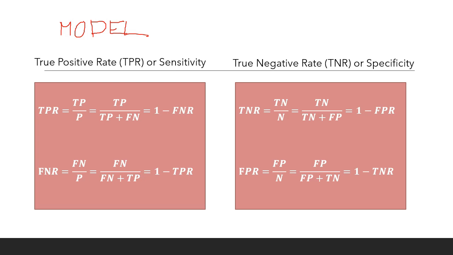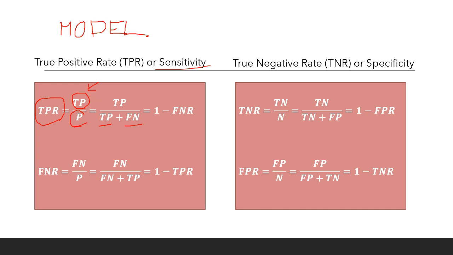So what you want to know is true positives versus positives, and that's called true positive rate or sensitivity, and it's the number of positives that you detect versus the total number of positives, which is the same as true positives plus false negatives, because the total number of positives in a population is the people that you say that they are positive and in fact they are positive, plus the people that you tell they are negative but in fact they are positive. So that ratio is the sensitivity.